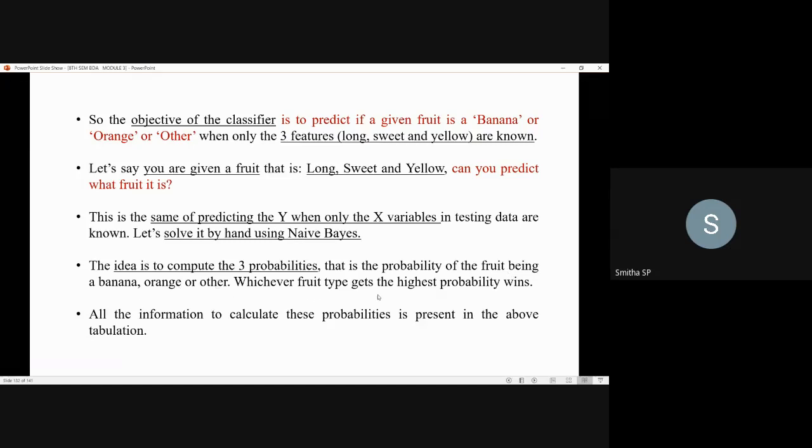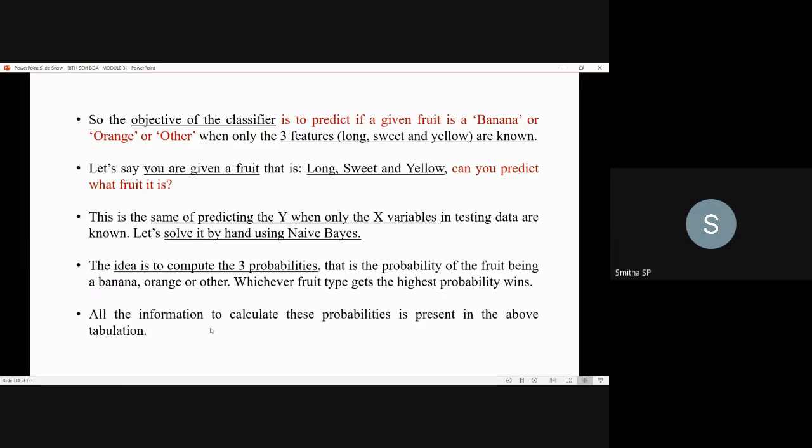Whichever fruit type gets the highest probability wins. By calculating the probabilities, you will get values, and by looking at which probability is higher, that is the exact answer, the solution for the problem you are looking into.